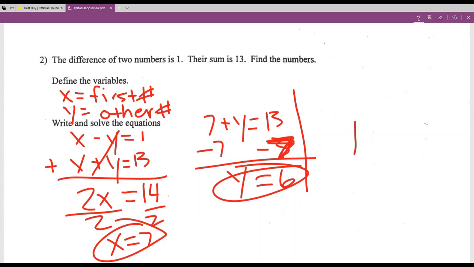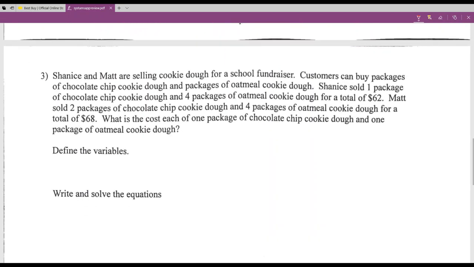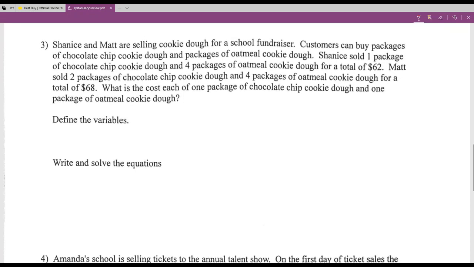All right, so let's go to the next one. It gets a little more complex once we get down to these, but set them up and solve them the same. So you're selling cookie dough, packages of chocolate chip and oatmeal. Shanice sold 1 package of chocolate chip and 4 packages of oatmeal for $62. Matt sold 2 chocolate chip and 4 of oatmeal for $68.